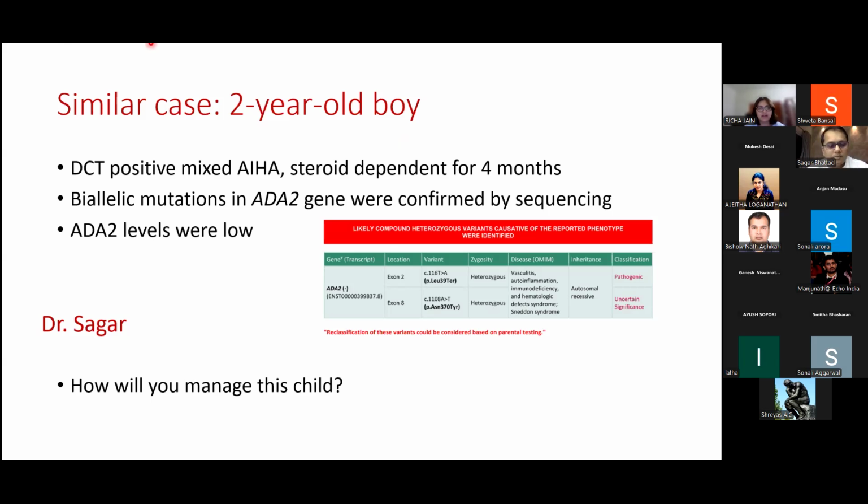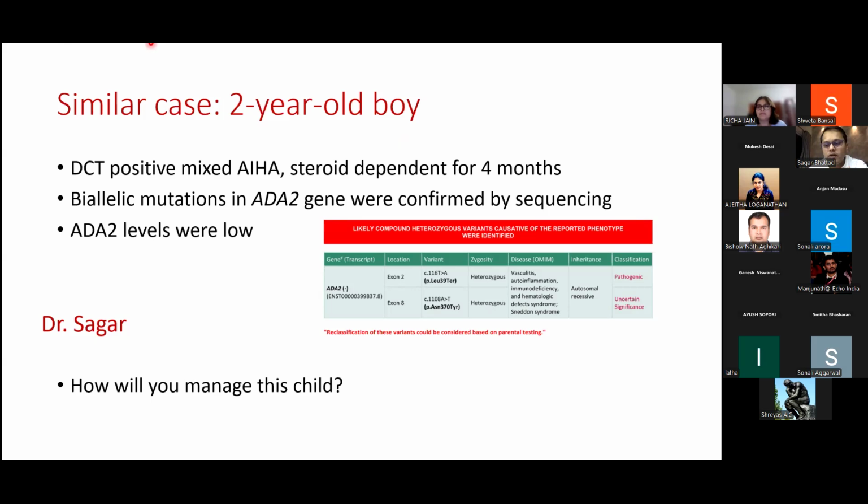Yes, ma'am. So basic ADA2 deficiency has, I would say, 2 kinds of presentation briefly. If you have polyarteritis nodosa-like vasculitis, or completely absent ADA2, you usually develop PRCA, pure red cell aplasia.